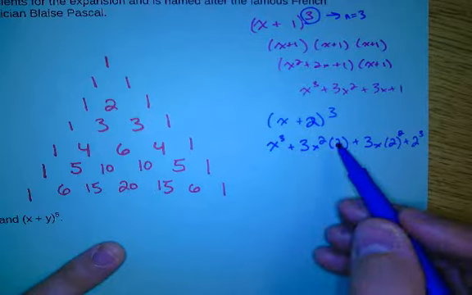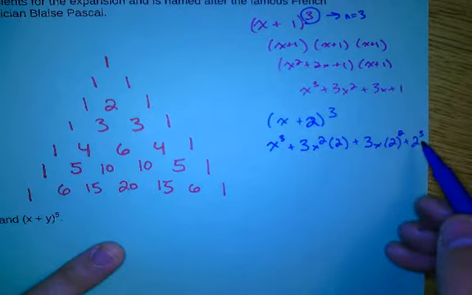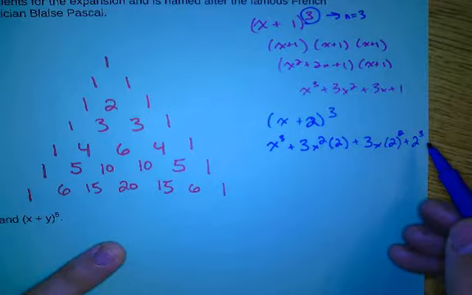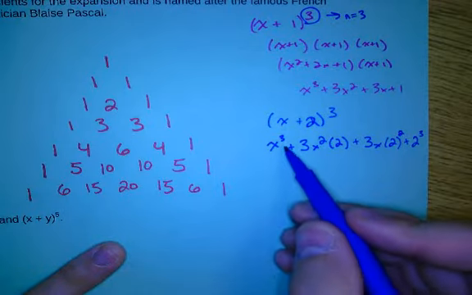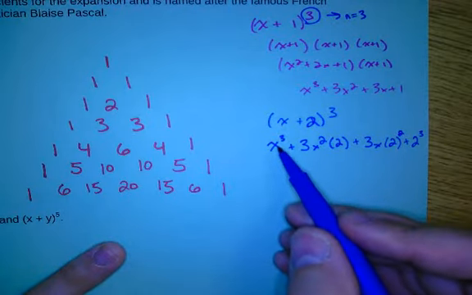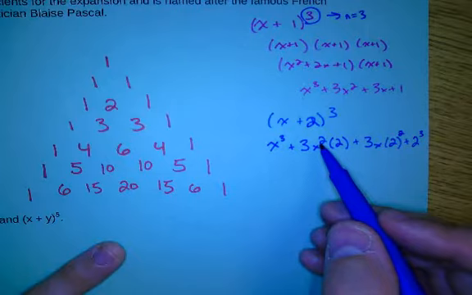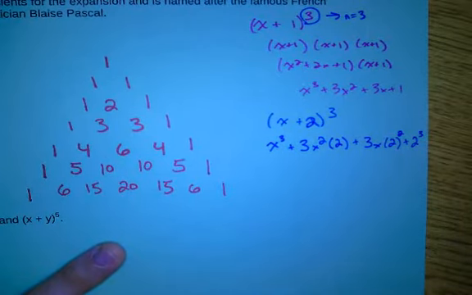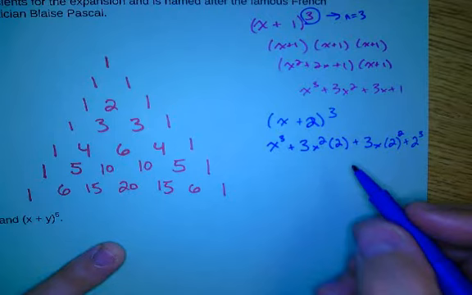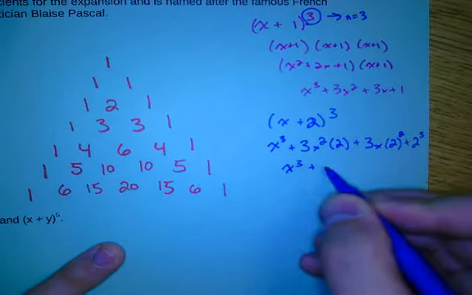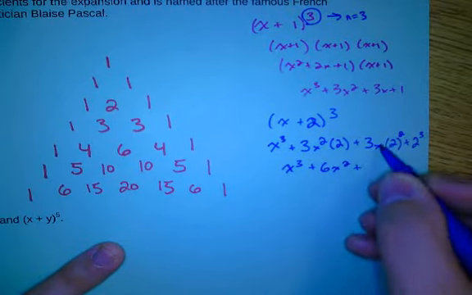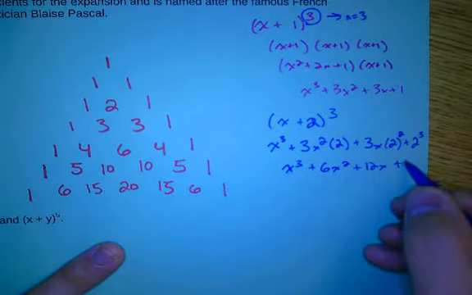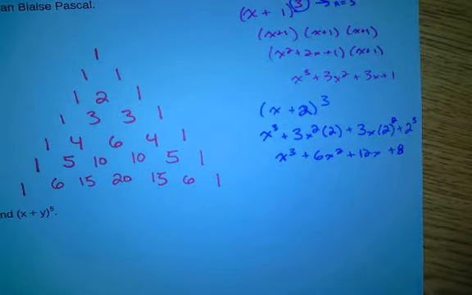This was 2 to the 0, 2 to the 1, 2 to the 2, 2 to the 3. You start with 0, so 0 is the exponent. That's why it's not there. And then the next term is the 1, then the 2, then the 3, and it keeps going up until whatever number we have. So this simplifies nicely to x cubed plus 6x squared plus 12x plus 8.